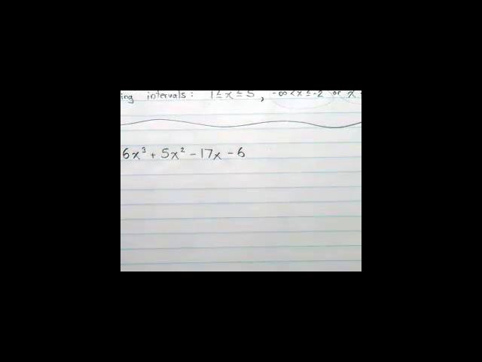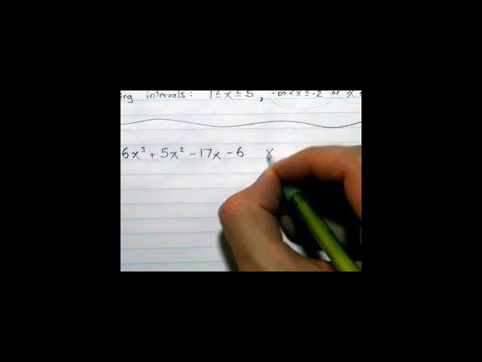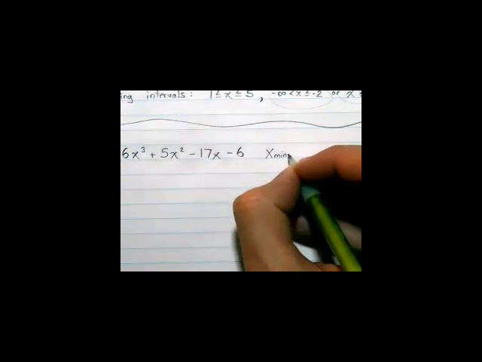So we got 6x to the third plus 5x squared minus 17x minus 6. And I'll even give you the window that you need to use to see it really well.